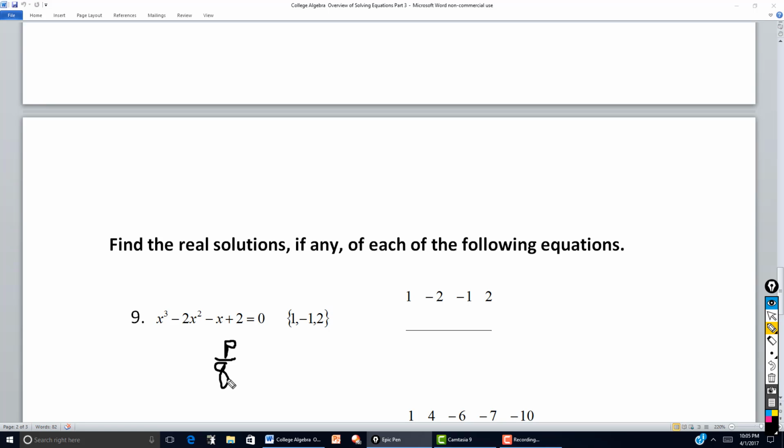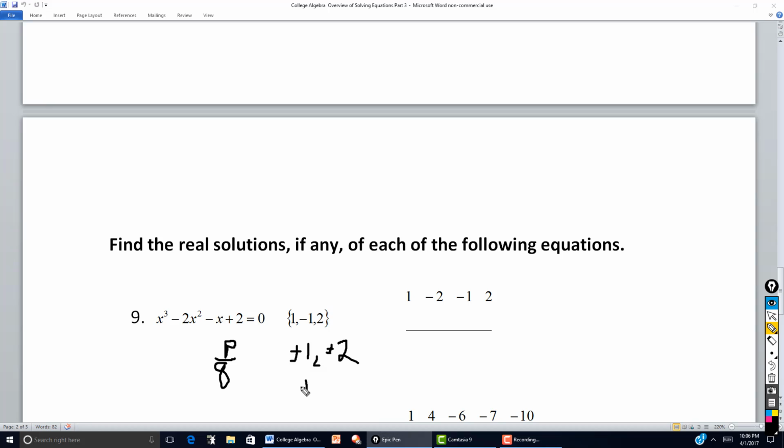The rational zero theorem tells you that the p will be factors of the 2. So what are the factors of the 2? Plus or minus 1, plus or minus 2. Those are the factors or the divisors of 2. And the q, the denominator of that rational zero, will be factors of the lead term here, which is 1.